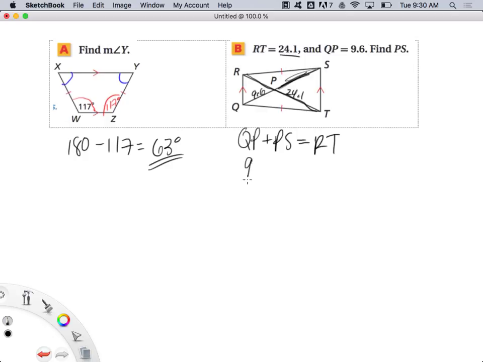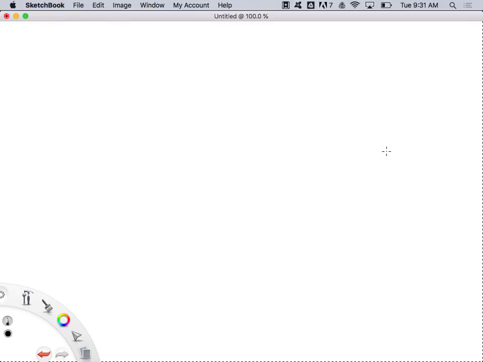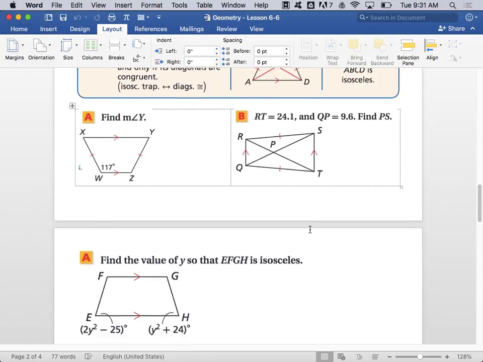Well, QP is 9.6. PS is what we're trying to find. RT is 24.1, so I just subtract. And I get PS equals 14.5. Any questions on that? All right. Next.